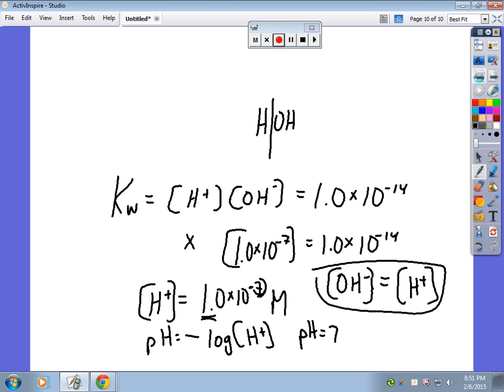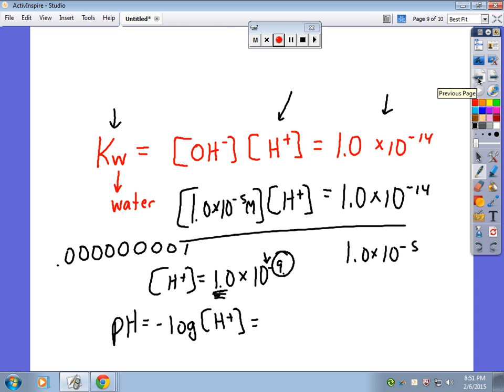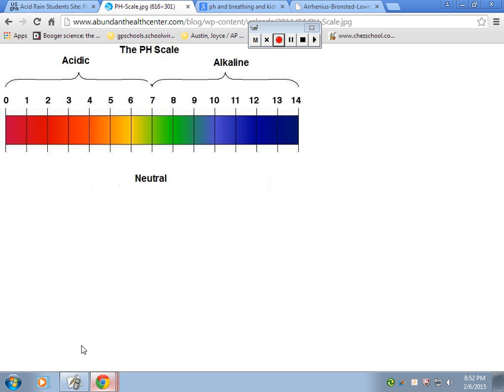Now let's go back here, and let's look at this. What was true here? This is 10 to the minus 9th, and this is 10 times 10 to the minus 5th. And how do you determine pH? pH is based on the pH scale, and if it's closer to 0, it's an acid, to 7. If it's above 7 to 14, it's a base.